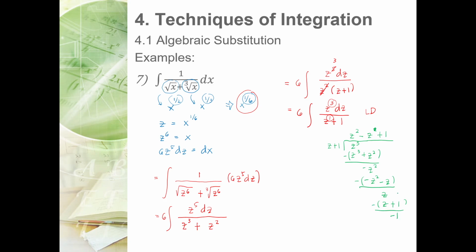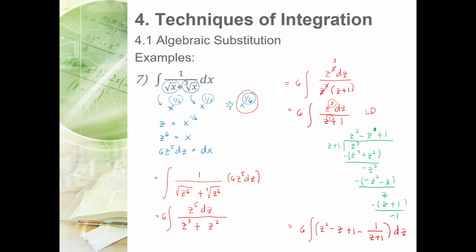So you have negative 1. So the equation becomes 6 integral of z squared minus z plus 1 minus 1 over z plus 1 dz.